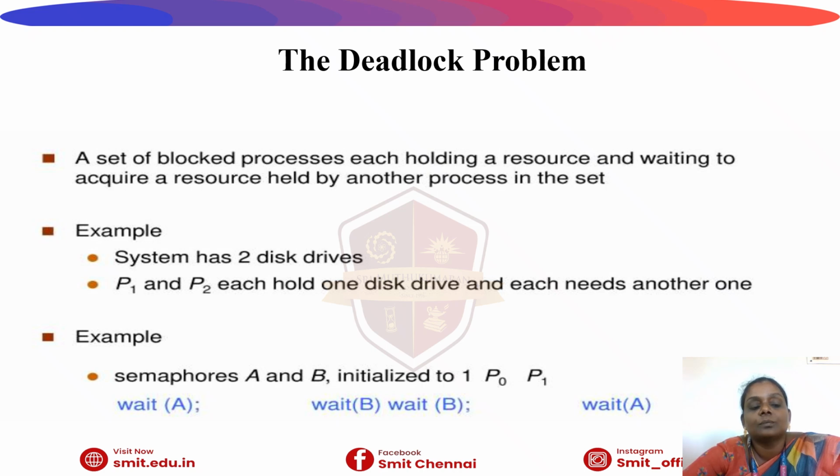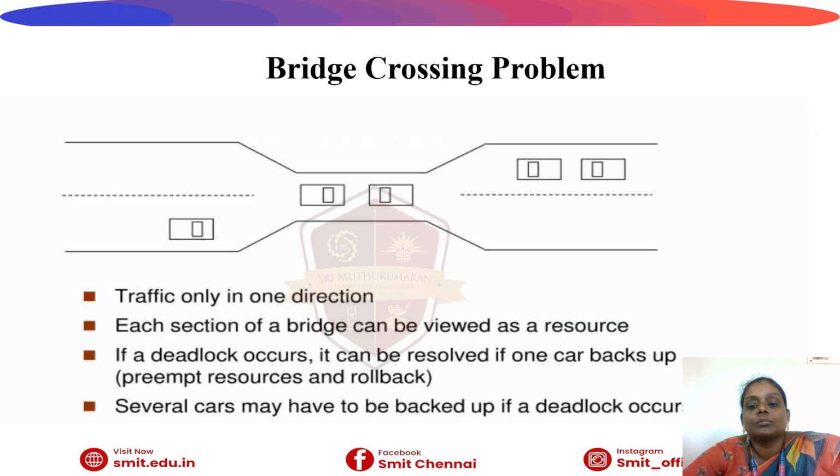For example, a laptop hangs when many apps wait for memory or CPU. That is a deadlock problem. Here, a system has two disk drives. There are processes P1 and P2. Each holds one disk drive, and each needs the other one.